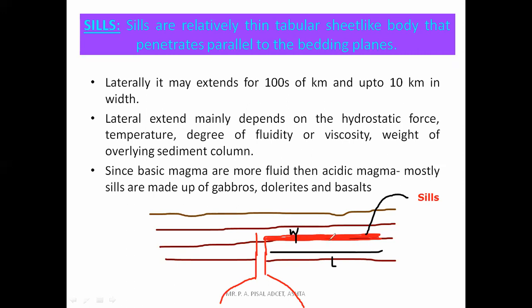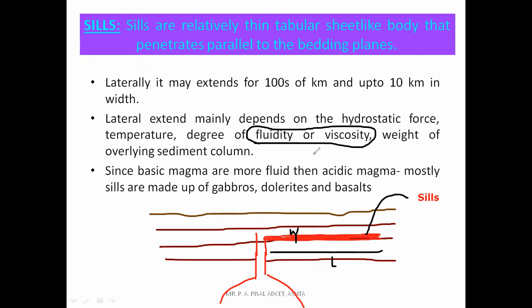Some sills have hundreds of kilometers of length, but compared to the length, the width is very low. The length of the sill mostly depends on various factors. The most common factors are viscosity and fluidity.